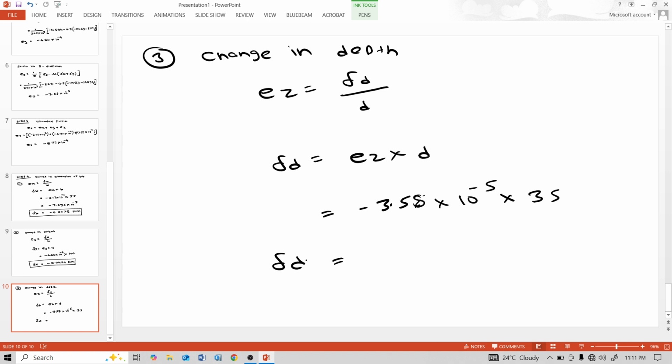Change in depth is equal to minus 3.58 into 10 raised to minus 5 multiplied by 35, minus 1.253 into 10 raised to minus 3. That means this change in depth is minus 0.0013 mm.